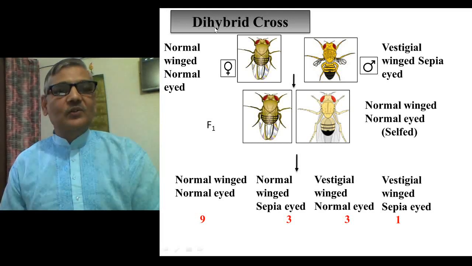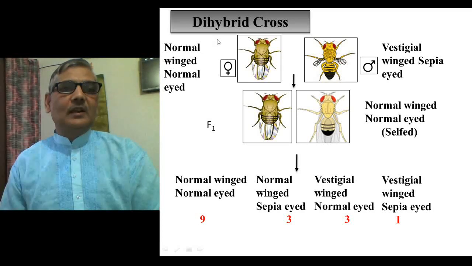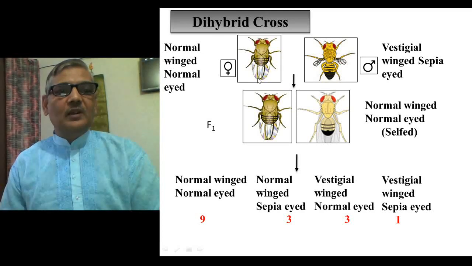Likewise, in the case of Drosophila also, we can consider two separate characters, and those characters could be flies having normal wing as well as red eye color. So these are wild type flies which are normal with respect to all features. So they have normal wing size and they have red eye color.